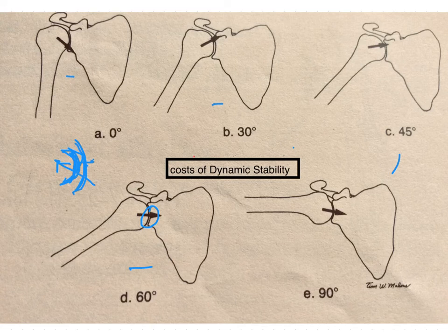That force is called the joint reaction force. So here the arrow marks mentioned in this picture are the joint reaction forces. These are all the joint reaction forces.